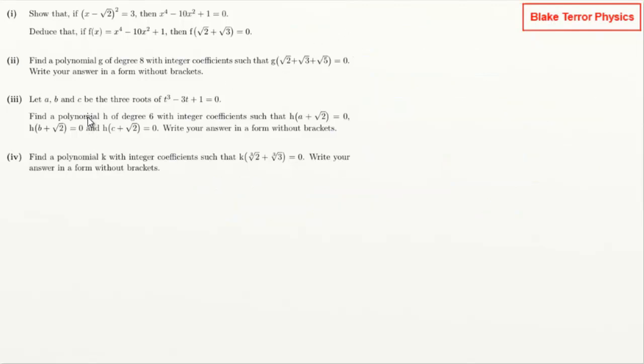Right, so they've given us a cubic which has got roots a, b, and c. We now want a polynomial of degree 6 that's got roots at a plus root 2, b plus root 2, c plus root 2. So they've moved all of the roots off to the right by root 2.